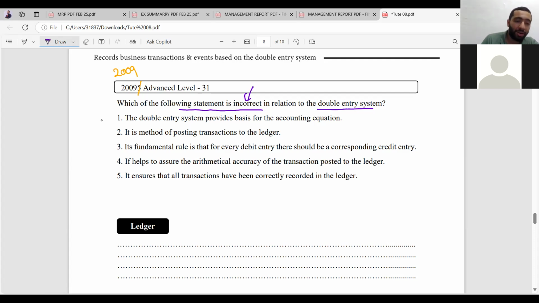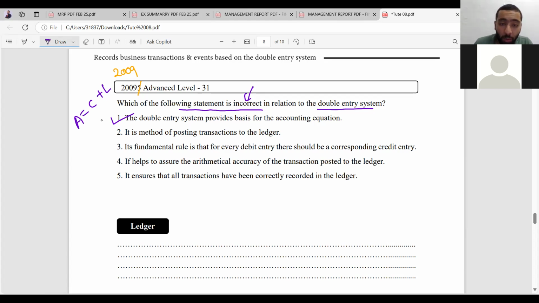Yes. Double entry is definitely related to the accounting equation. How? Because there are two entries, assets equal capital plus liabilities. So A equals C plus L. The double entry system provides the basis of the accounting equation, right?